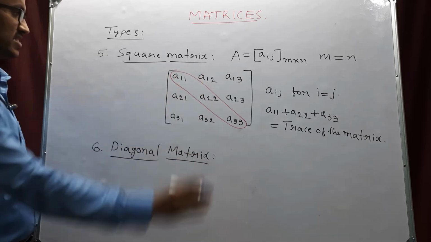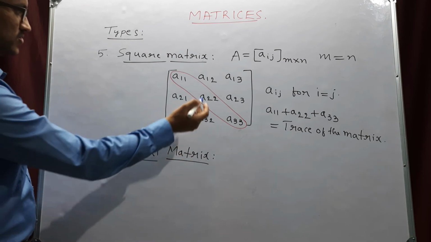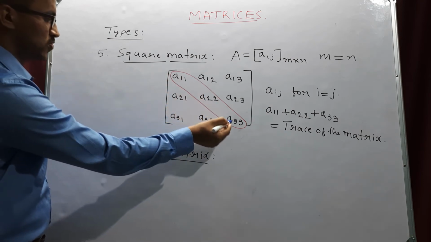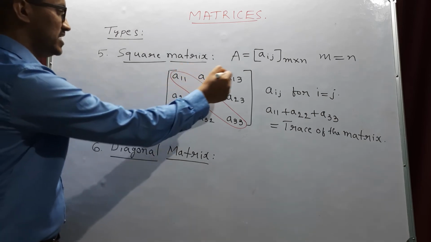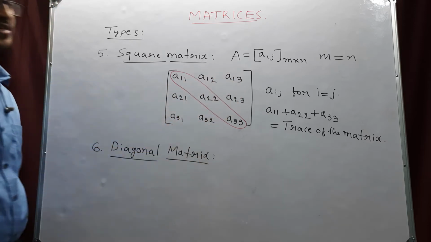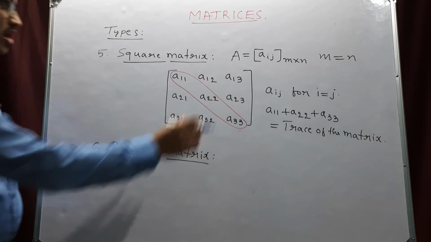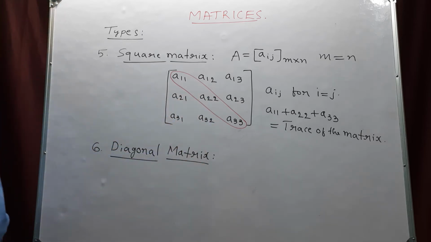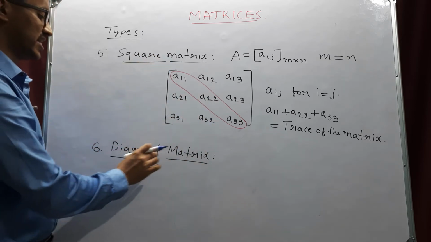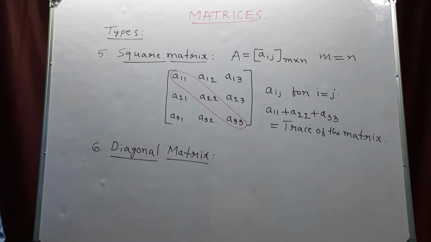If you see this example, these A11, A22, A33 are diagonal elements, and the other elements we call non-diagonal elements. If all the non-diagonal elements are 0, then we say the square matrix is a diagonal matrix.